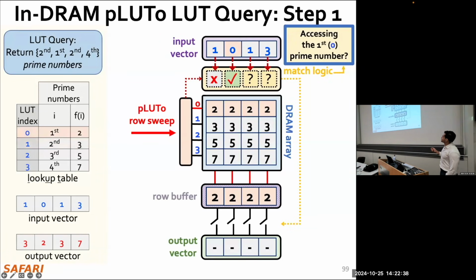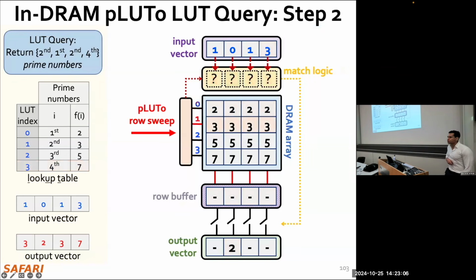So that particular position is going to be asserted, and I'm going to copy the data from that position in the row buffer to the output vector. Am I accessing row 1? No. Am I accessing row 3? No. So no other connection is going to be made in those isolation transistors, so nothing else is going to be copied to my output vector. Okay, this activation is done.